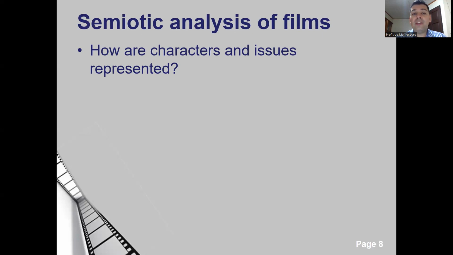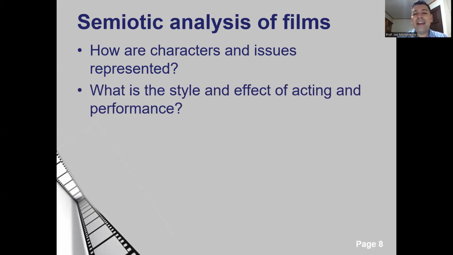One is, what are the characters and issues represented? Think about that. What is the style and effect of acting and performance? Is the way a particular actor or actress acts having an influence on the way the message is communicated? And I would say yes, I think acting is a huge part of it.